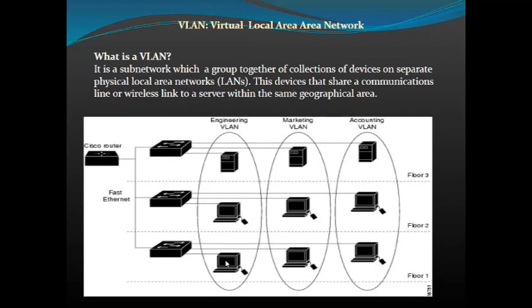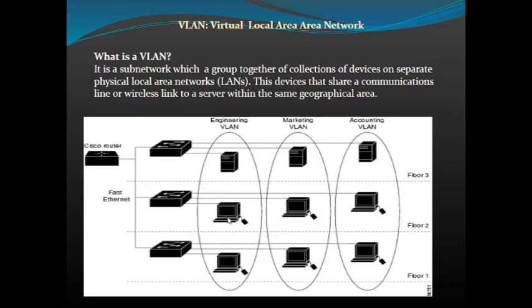It is clustered in one building, but at the same time it's on different floors. So the devices share a communication line or wireless link to a server within the same geographical area.